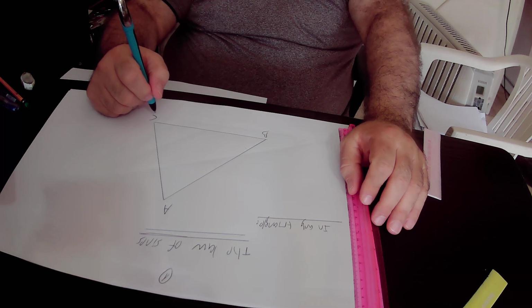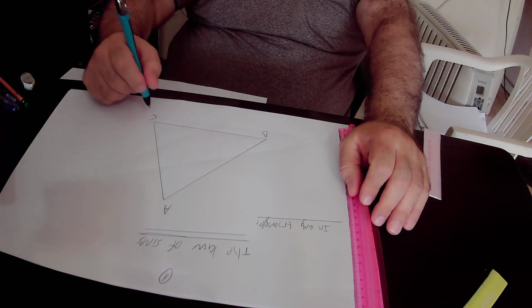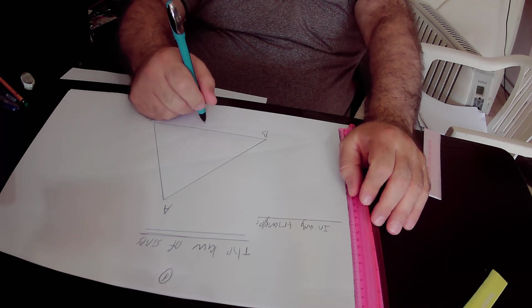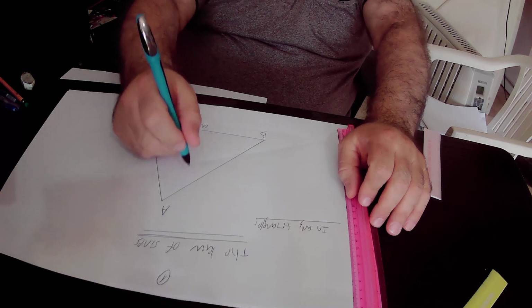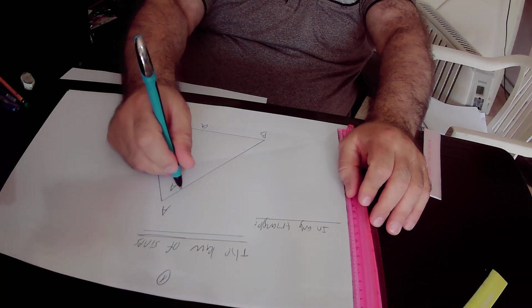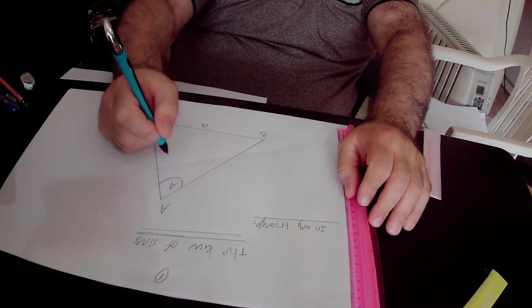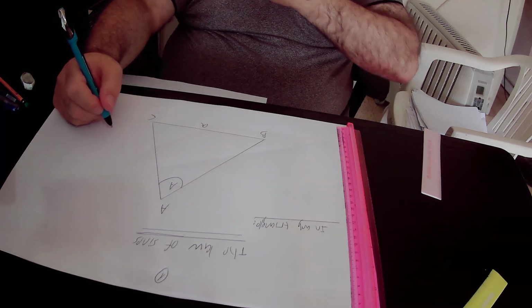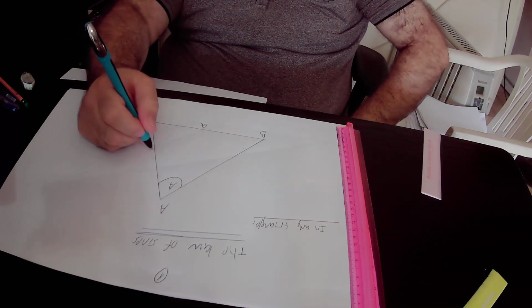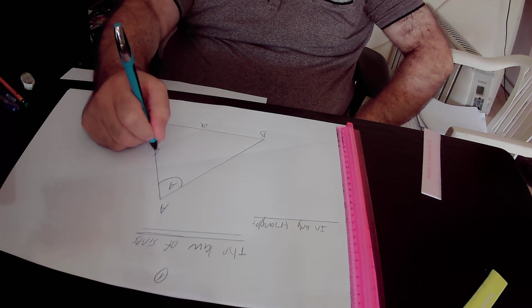And we know that side BC of triangle ABC equals A units in its length. This is angle A. We also know that side AC of triangle ABC equals B units in its length.